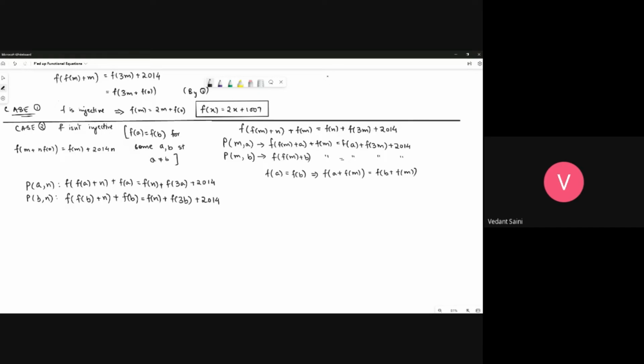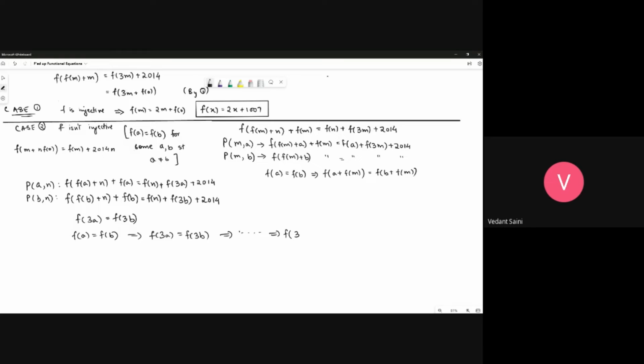They are the same, because f of A equals f of B. So the right hand sides are the same, which means f of 3A equals f of 3B. So f of A equals f of B implies f of 3A equals f of 3B, implies so on.